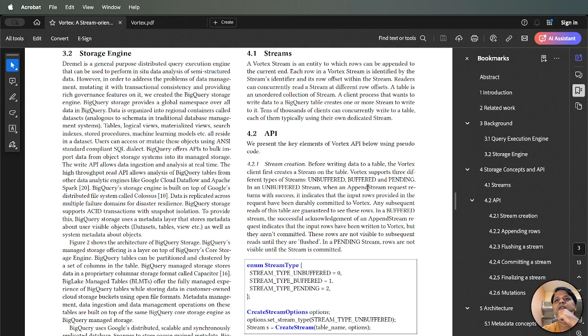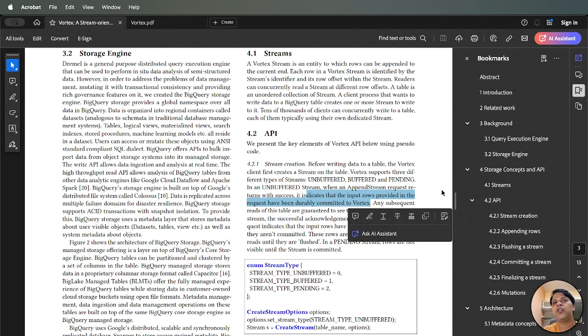When an append stream request returns with success, let's say the client requests through the append stream interface, it indicates that the input rows provided in the request have been durably committed to Vortex.